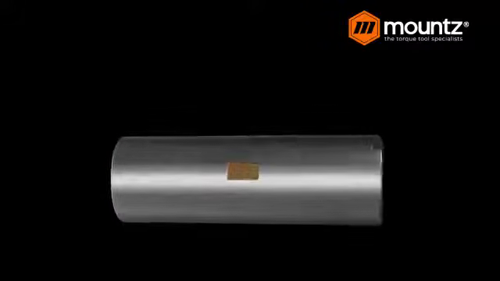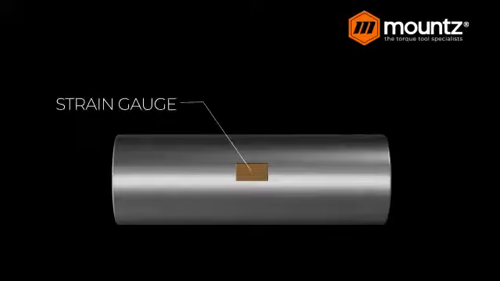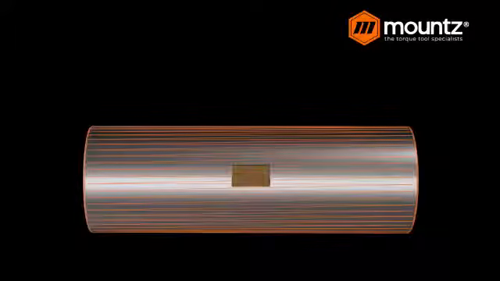If we look at a typical reaction style transducer, we have a shaft, and on that shaft we have a laminated strain gauge, and we basically have an electrified circuit on there.